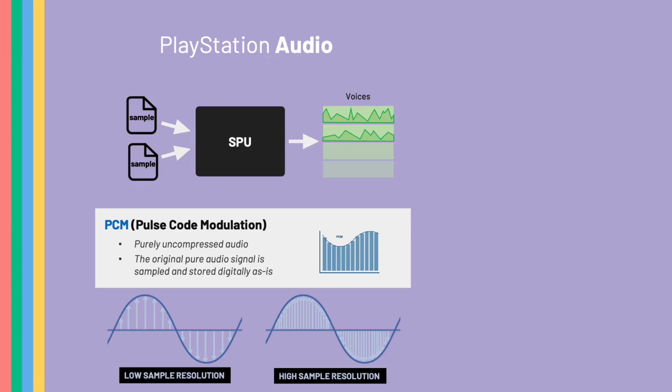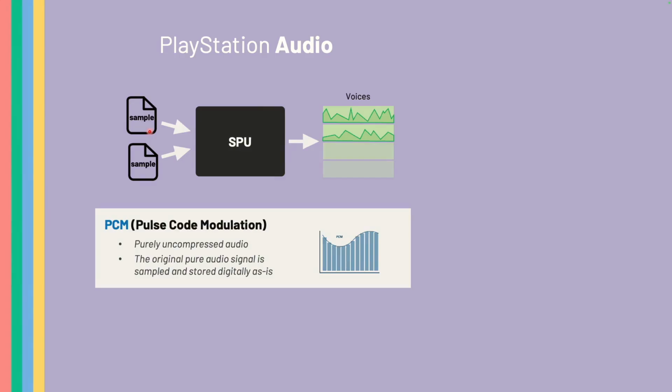So if we have that audio signal coming, we're going to sample at each time interval that we have. And usually whenever you have no compression and you just want to get the raw input from that audio signal, we use something called PCM, which is pulse code modulation. It is no surprise, the simplest case. It is purely uncompressed audio. You can think of it as the vanilla wave format that we have for files.